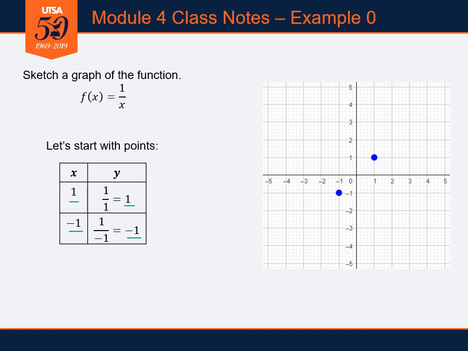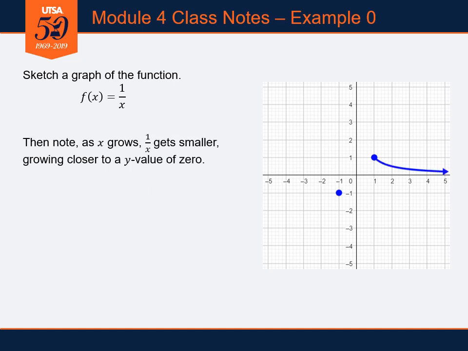I want to give you an alternate way to think about it, the way that makes sense to me, which is if we start plugging in different values of x, as x grows larger, when we plug in an x value of 2 or 3 or 4 or 5, the fraction 1 over x would be 1 over 2, 1 over 3, 1 over 4, 1 over 5. Those fractions get smaller and smaller, growing closer to a y value of 0.